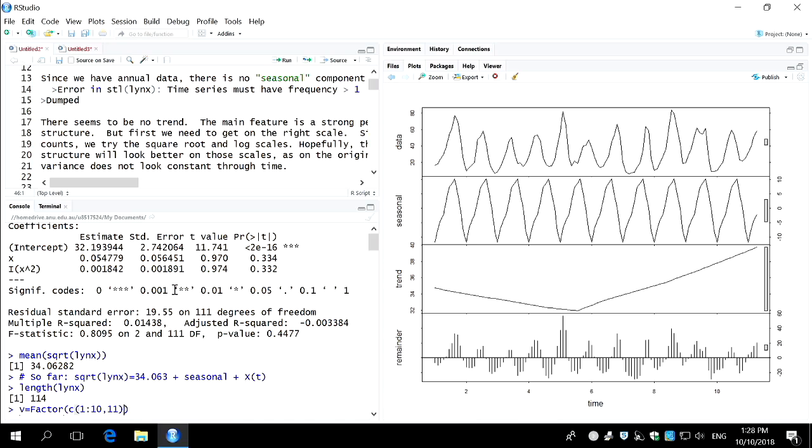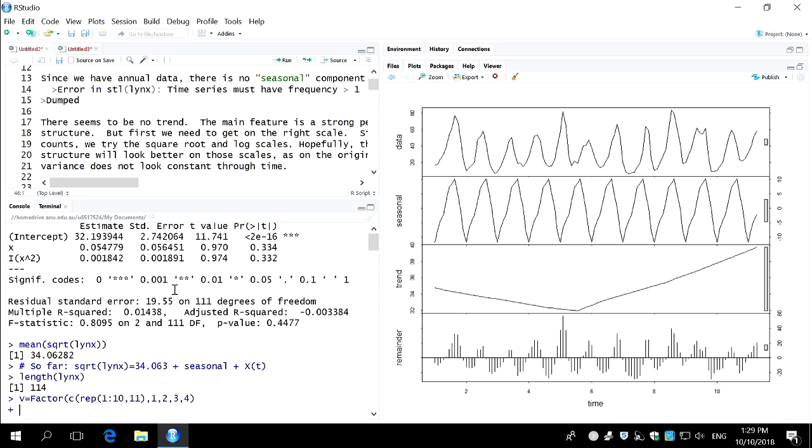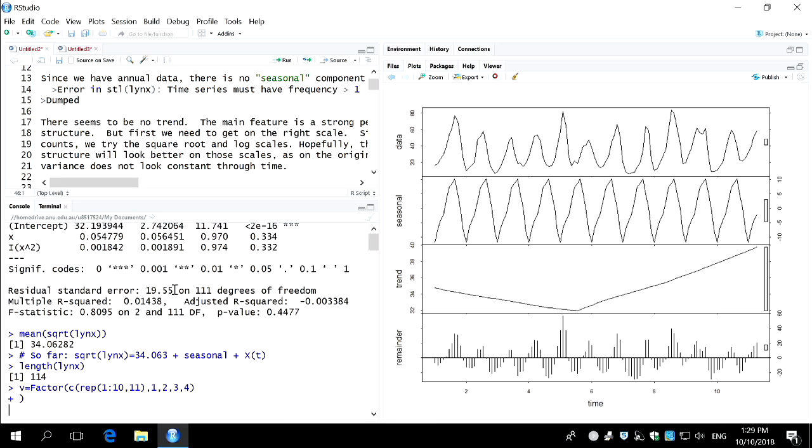So I didn't put my rep in. I need to repeat 1 to 10 11 times, okay. And then I've got 4 left, right? 1, 2, 3, 4. So there's my factor, and I've left out a bracket. All right, let's fit it.